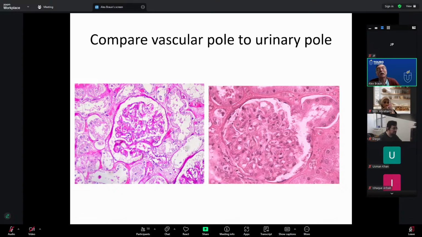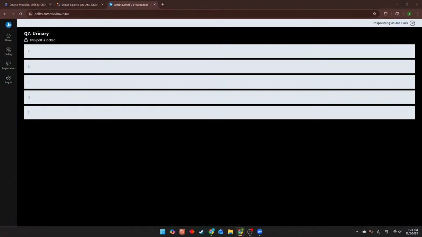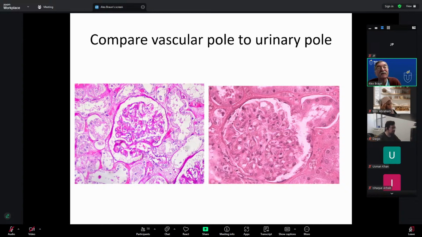So we're seeing two poles of the glomerulus, and you don't always see both poles at the same time. You may see one pole, you may see the other pole. It depends where you cut through the glomerulus. In fact, often you may not catch any pole at all. You may just get a cut through the glomerulus, and there's no tubular pole, no vascular pole. It doesn't really matter.